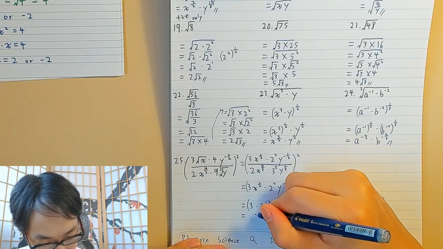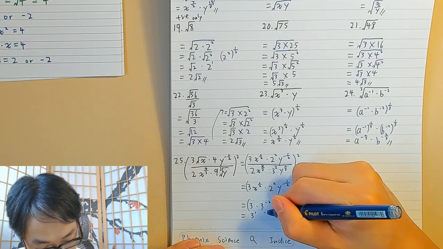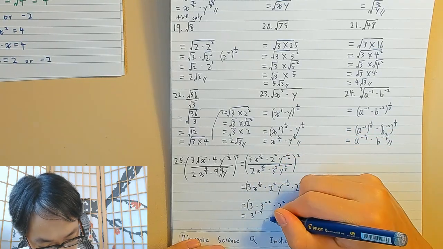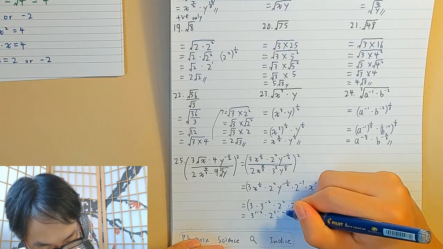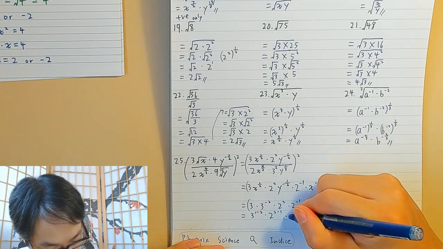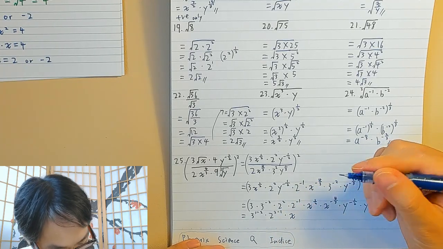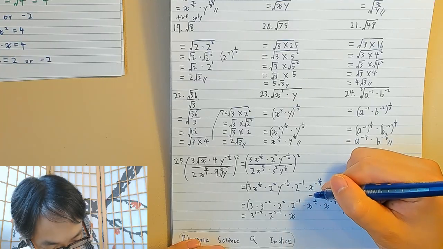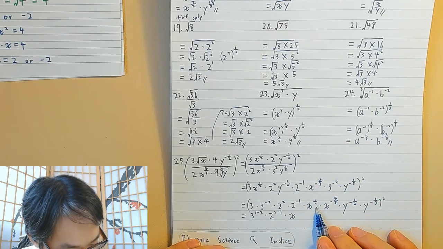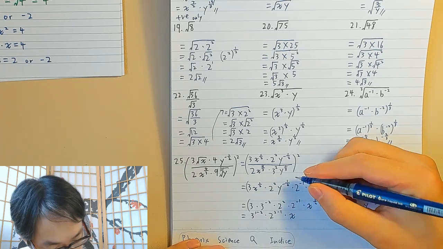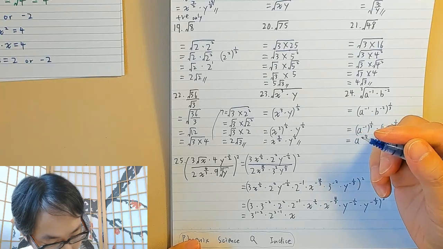So this is 3 to the power of 1 plus negative 2, minus 2 times 2 to the power of 2 plus negative 1, which is 2 minus 1, times x to the power of, I'll turn the 1 over 2 to 2 over 4 here. Oh, actually, no. I have to rearrange them with the denominator of 6.